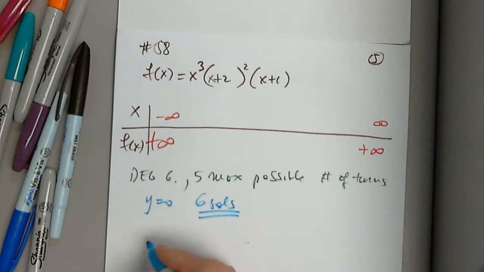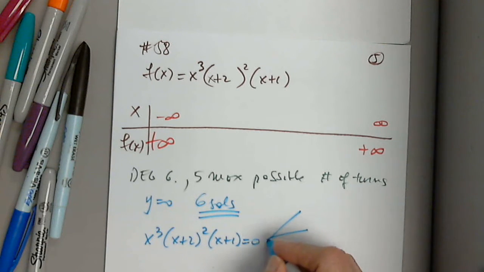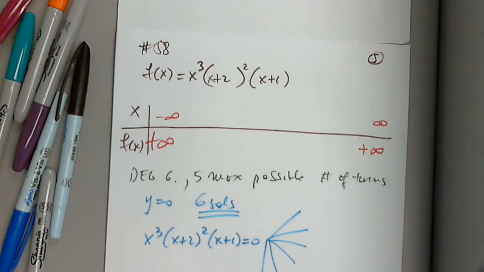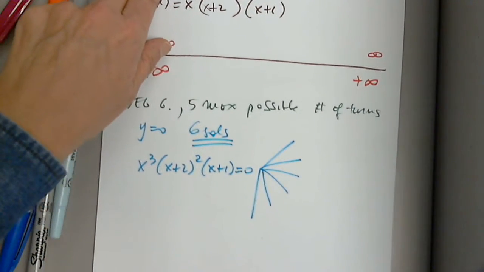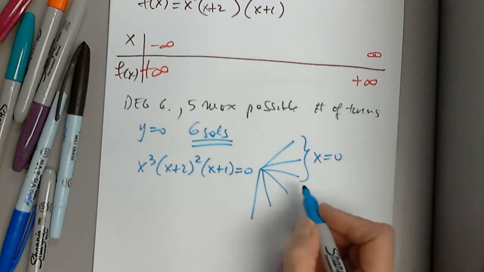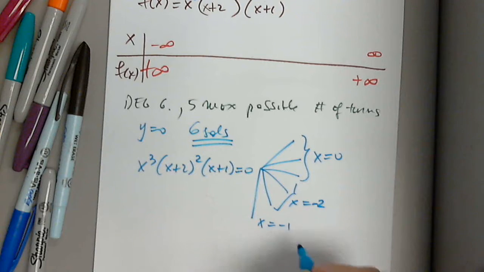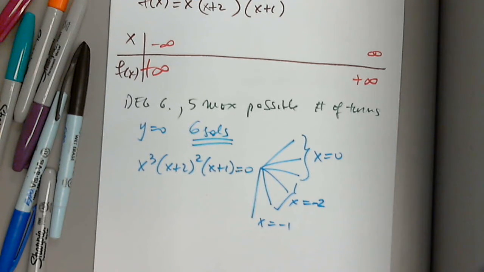Perfect. So we have x cubed, x plus 2 squared, x plus 1 equals 0. So I need 6 solutions. 3 of them are 0. Awesome. 2 of them are -2, and 1 of them is -1. Very good. Perfect. What is the multiplicity of solution 0?